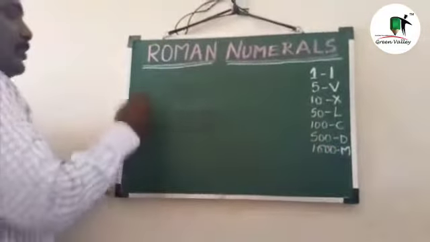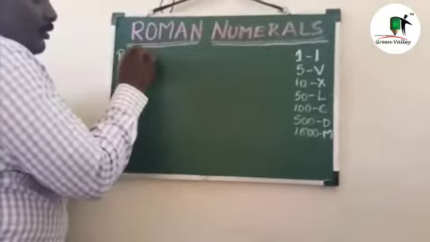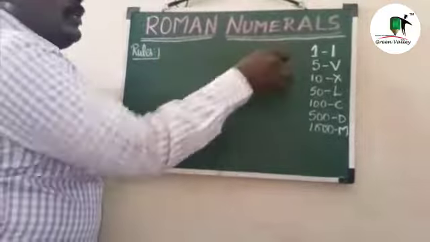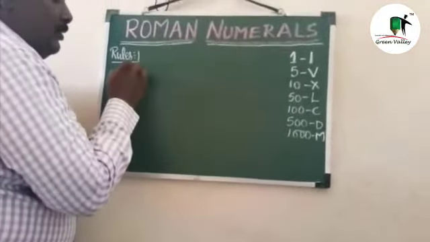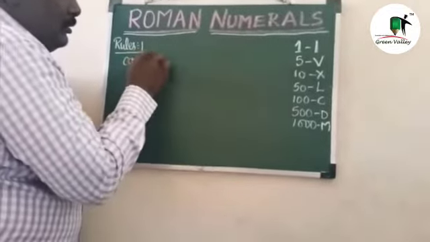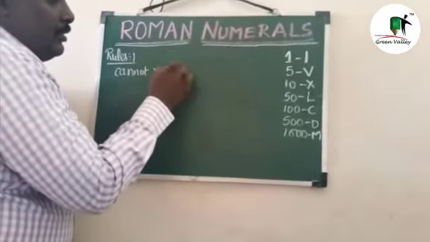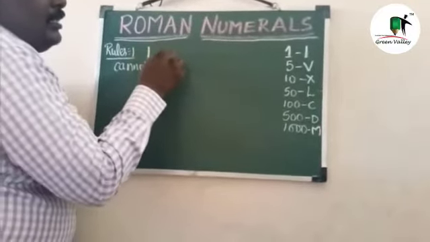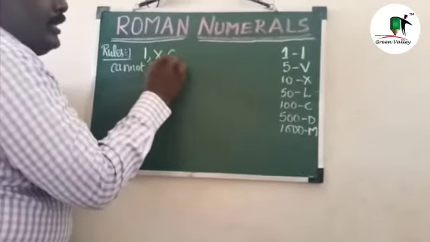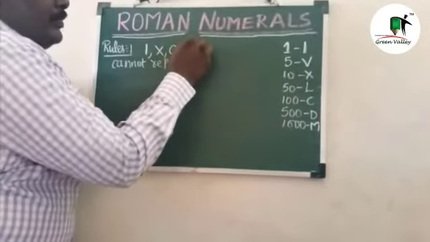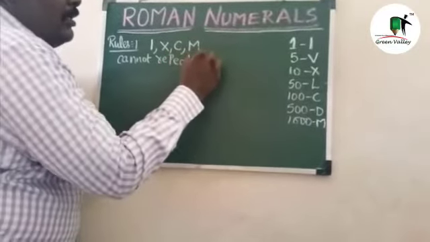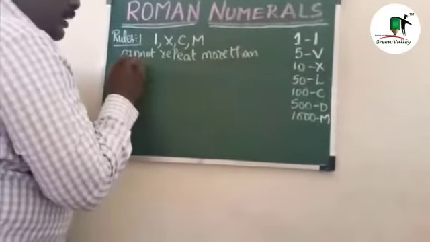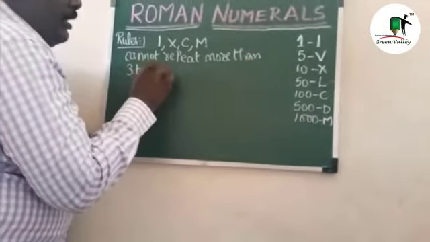Now the rules. Rule 1: any Roman number I, X, C, M cannot repeat more than 3 times.